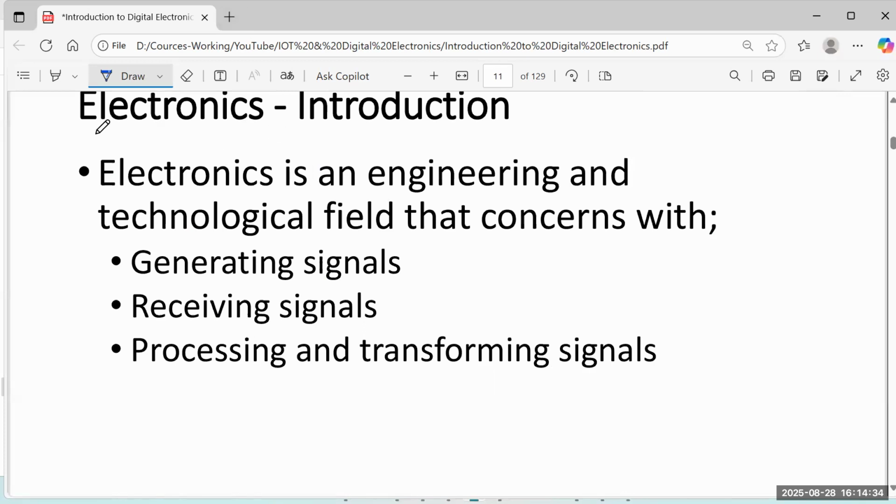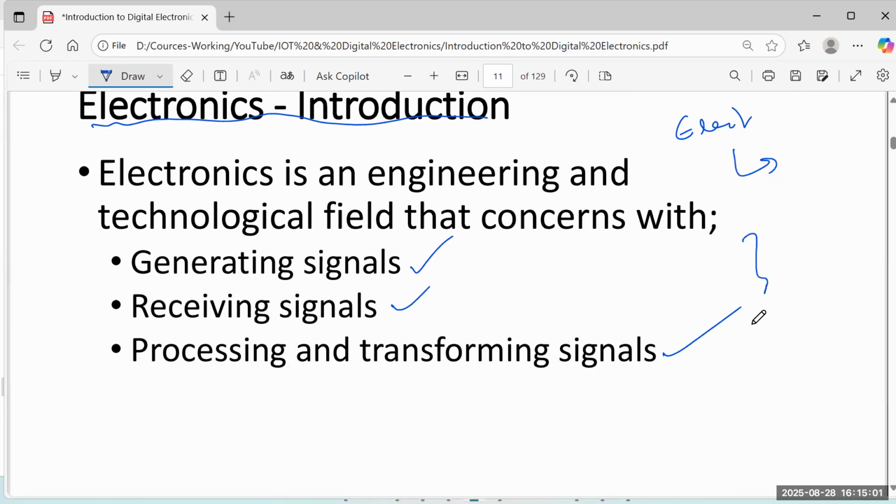So remember, electronics is different from electrical. Electrical is converting electrical energy into heat, light, or mechanical power and doing something useful. But electronic is either generating signals, receiving and processing signals, or transforming signals.